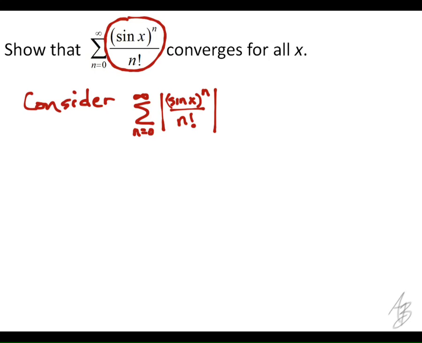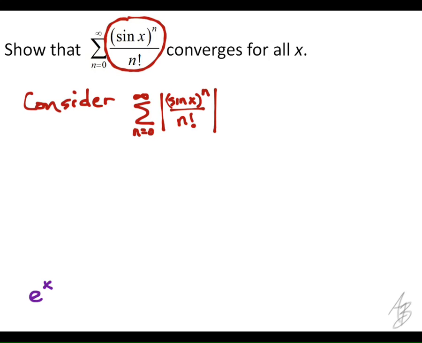You guys remember the direct comparison test? What series could we compare this to that we know if it converges or not? So let's see if e to the x is actually going to be useful to us.